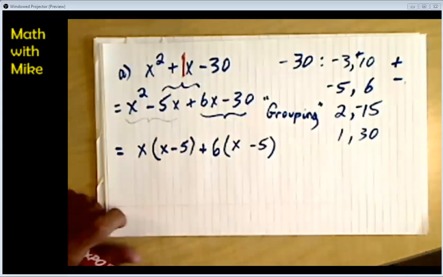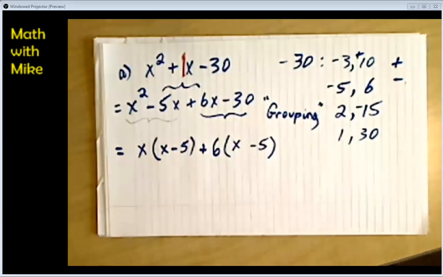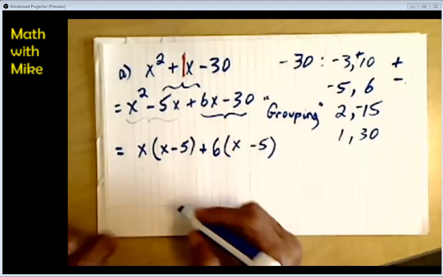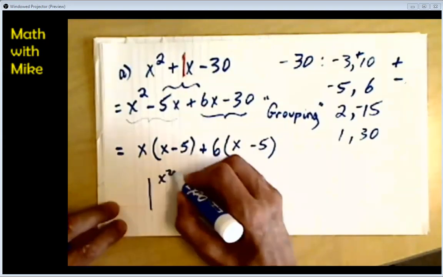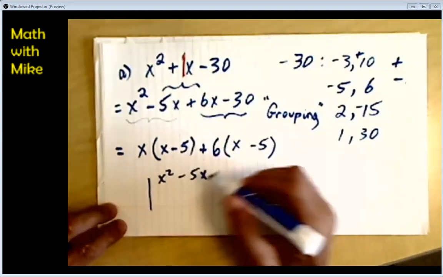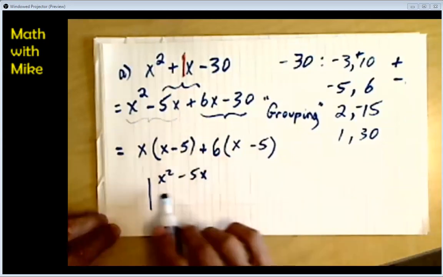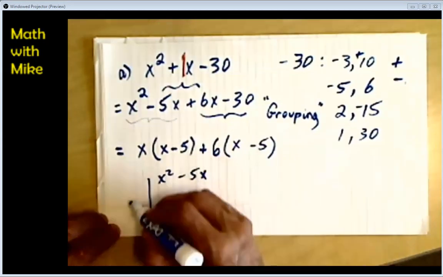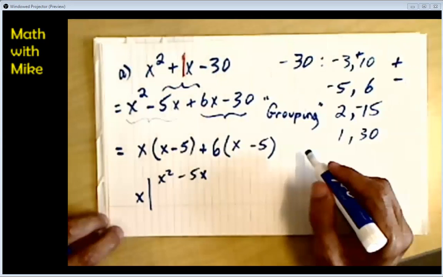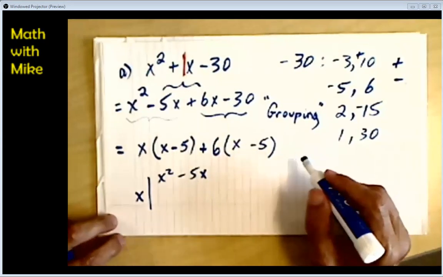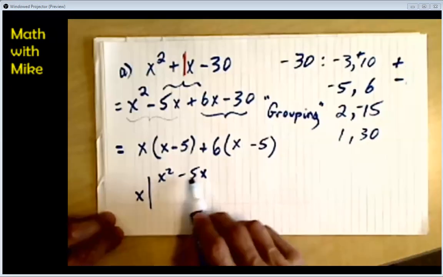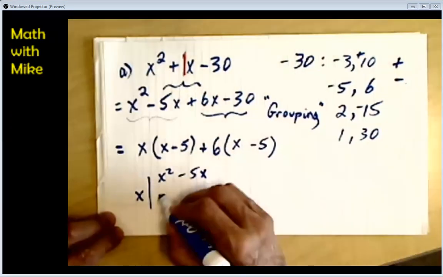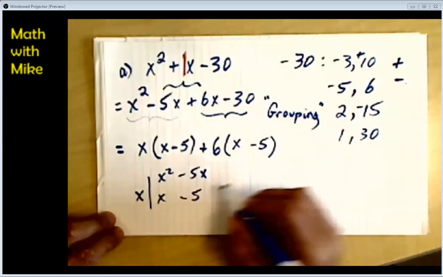What do you do to get the inside? Do you need a reminder how that works? We did something like this before. We had x squared minus 5x. So what divides into both? X. Yeah, thanks. And then you divide both by x to see what's left over. So you get x, x minus 5.